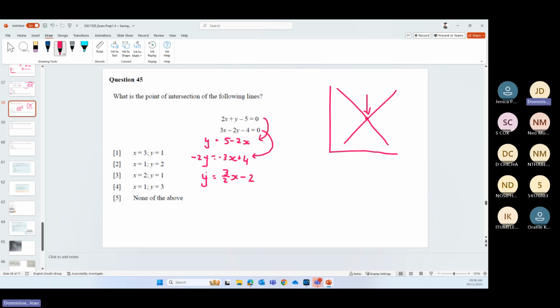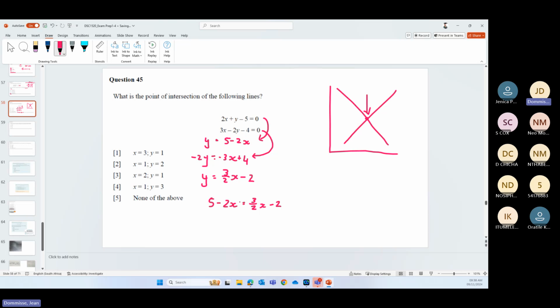Okay, so now suddenly we have two straight lines, and we can say, well, now I've got the two y's, so I can say 5 - 2x = (3/2)x - 2. And now we can actually work out x.